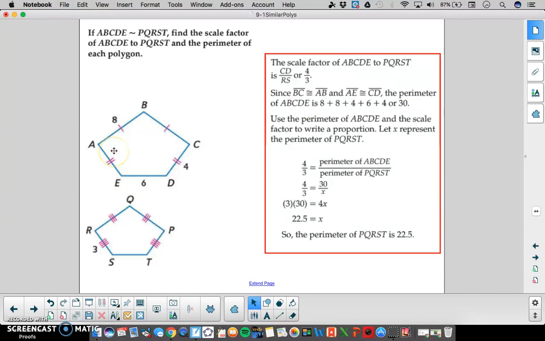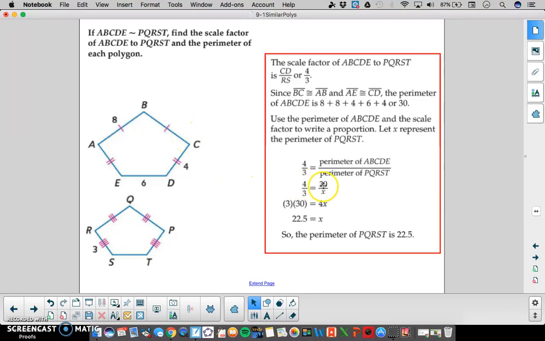Now what I can do is use that scale factor to solve for the perimeter of PQRST. I know that 4:3, the ratio of the sides, is also the scale factor for the perimeter of ABCDE to the perimeter of PQRST. Well, 4/3 is now going to be equal to 30 because 4 was on ABCDE and 30 was the perimeter of ABCDE.